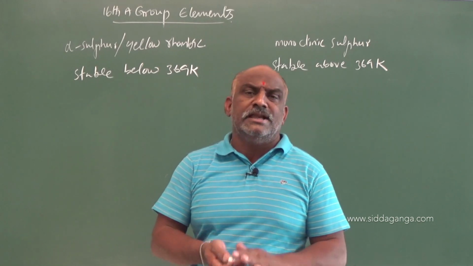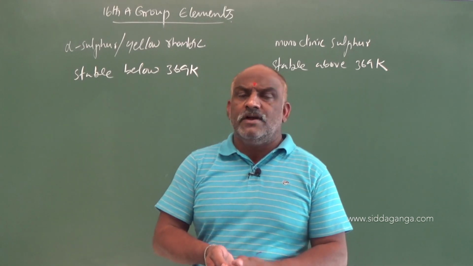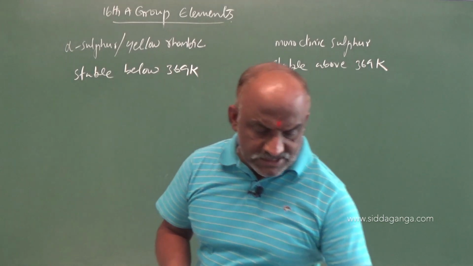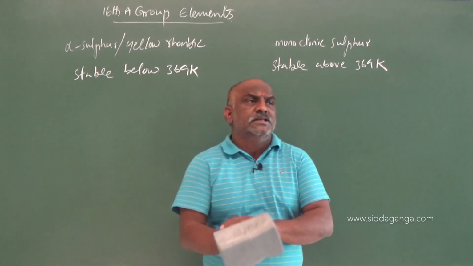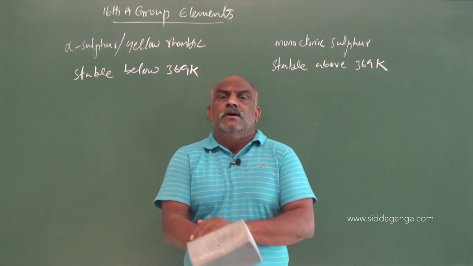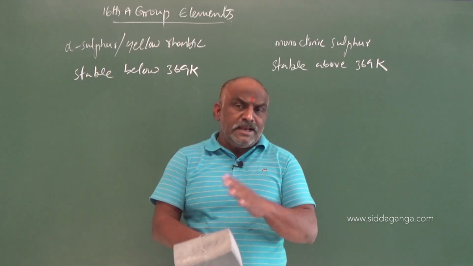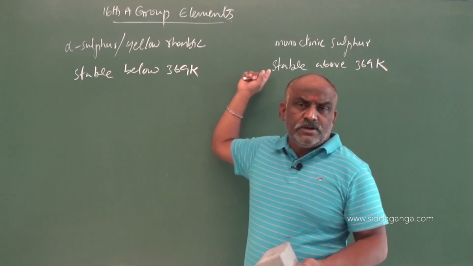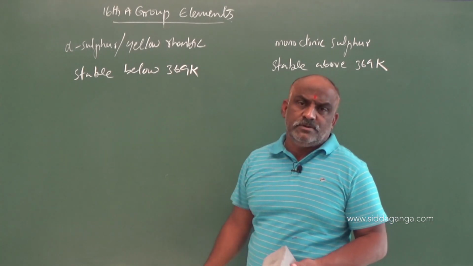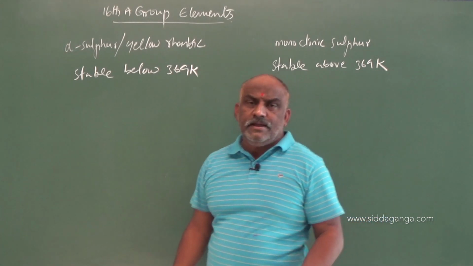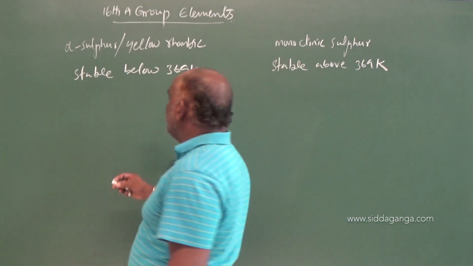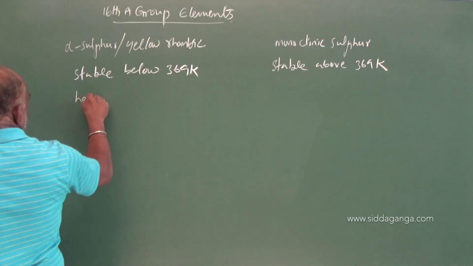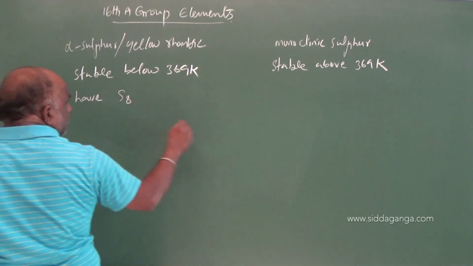So below 95.6 degrees, alpha sulfur is stable. Above 95.6 degrees, beta sulfur is stable.